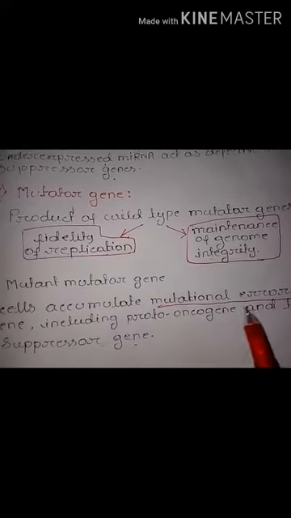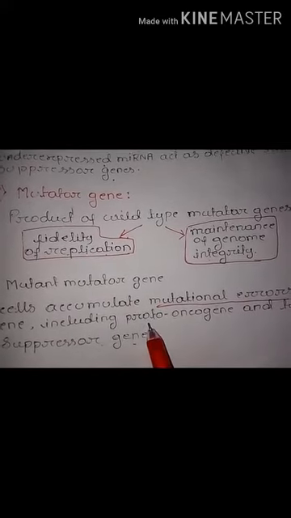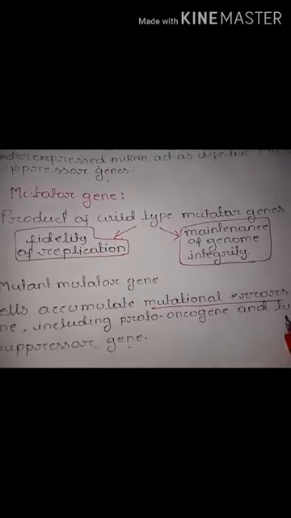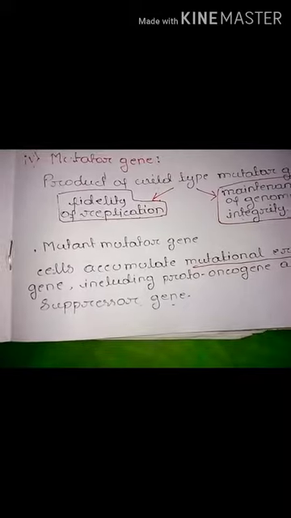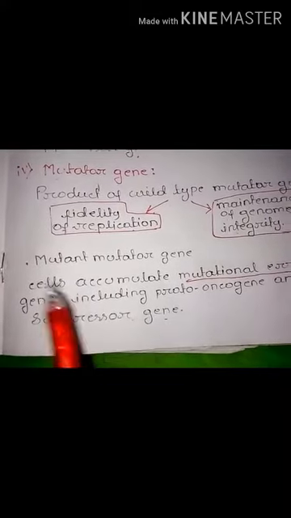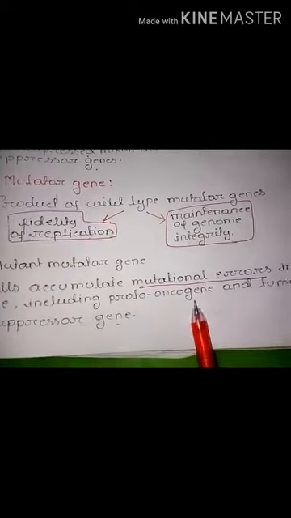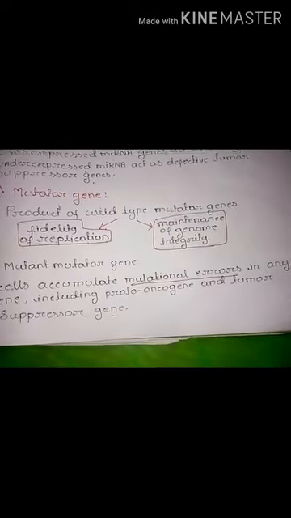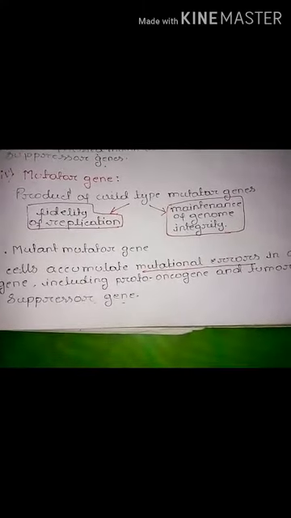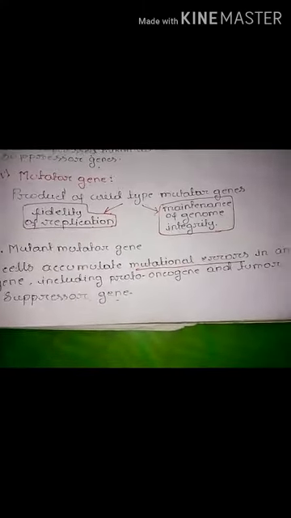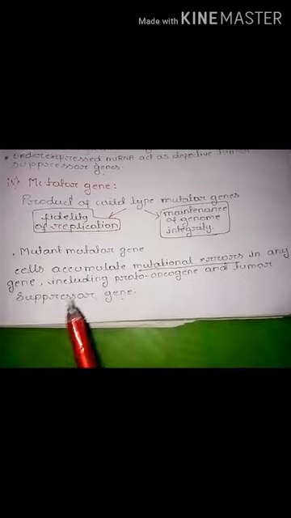If it occurs in a proto-oncogene, it may transform into an oncogene. If it occurs in a tumor suppressor gene, the tumor suppressor loses its inhibitory function and ultimately the cell becomes cancerous. Cells accumulate mutations because the mutational errors cannot be repaired, since the mutator gene itself is mutated. So mutator genes are unable to repair the mutational errors, and that leads to accumulation of mutational errors in any type of gene in our body, including proto-oncogenes and tumor suppressor genes.